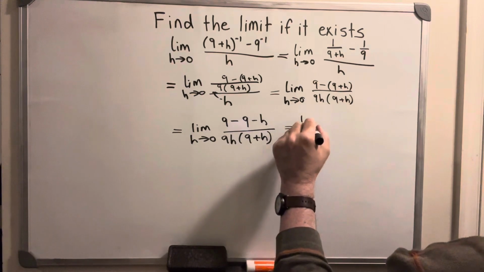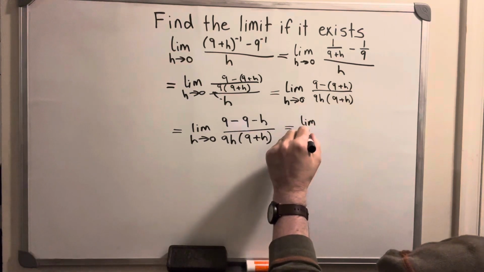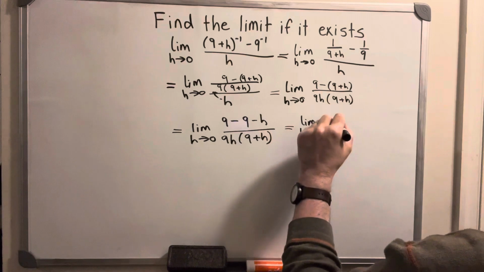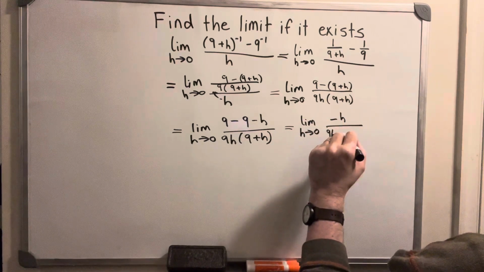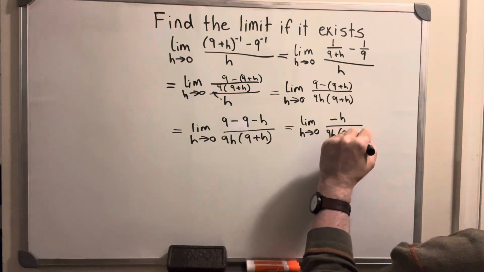So this is the limit as h approaches 0 of negative h over 9h times 9 plus h.